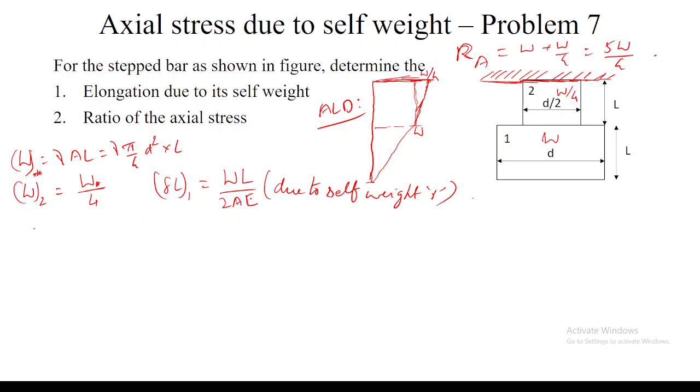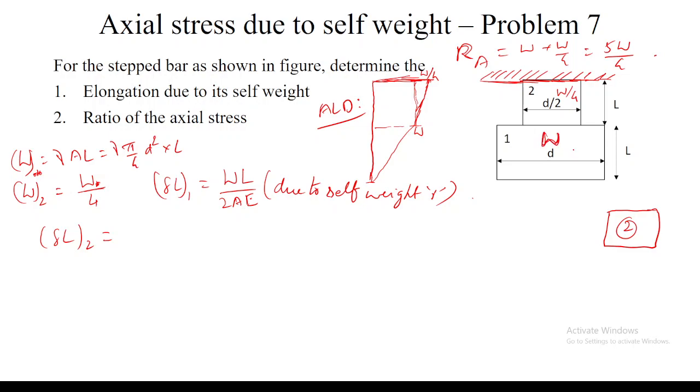So similarly, can we find out the elongation of the bar 2, delta L2? Can you draw the free body diagram of member 2 alone? What will happen to this load?